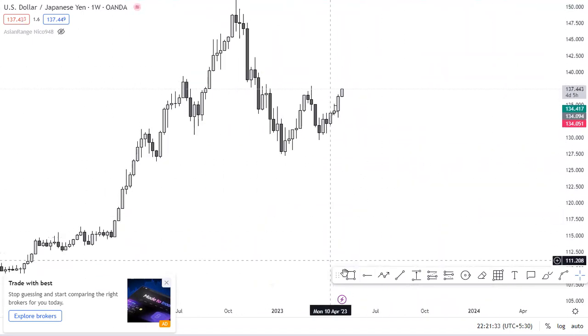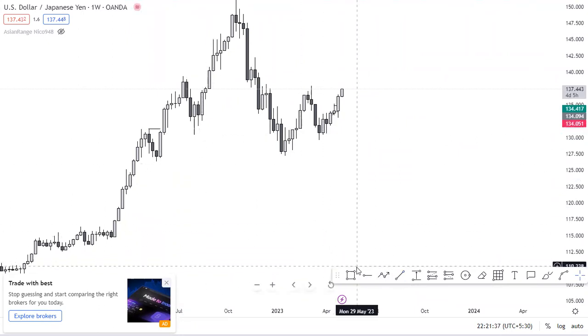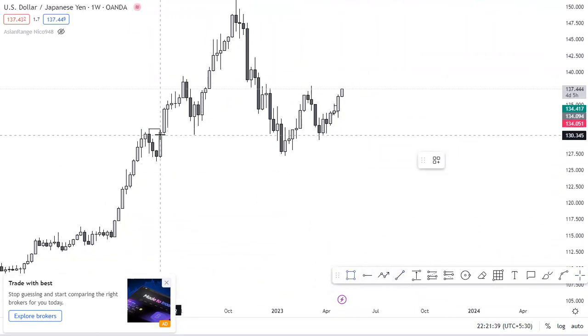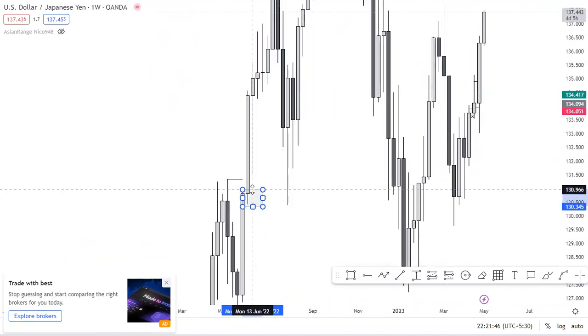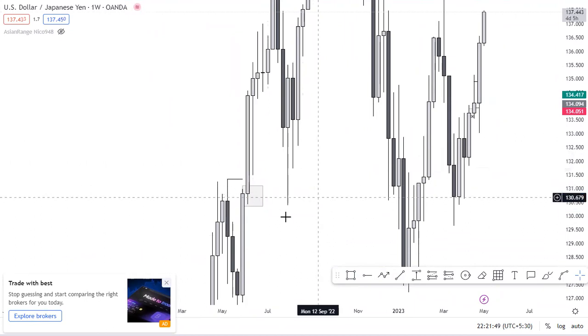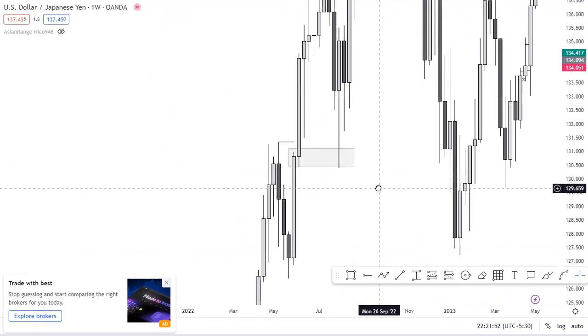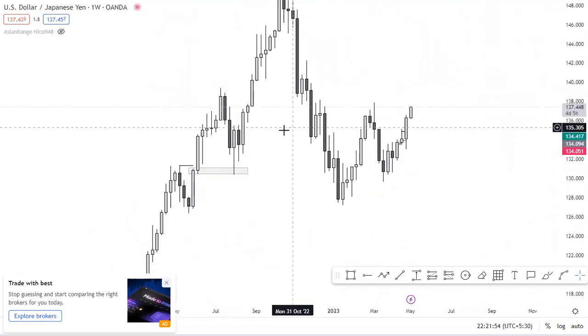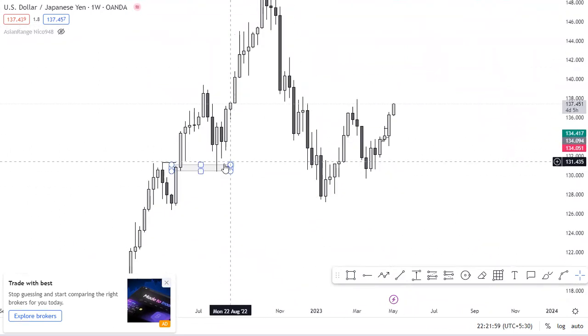So what happens? We have a breakout structure over this area, and we have a demand which holds the price. After this reaction completed, we know this will get liquidated.